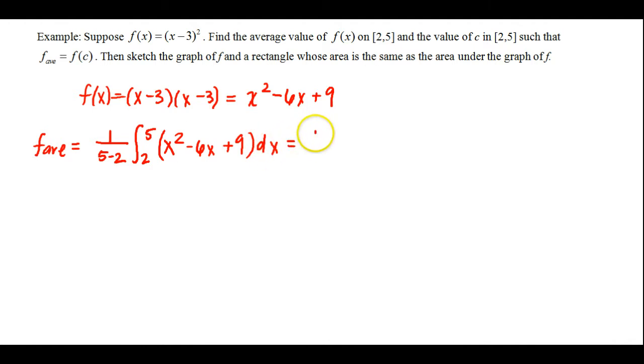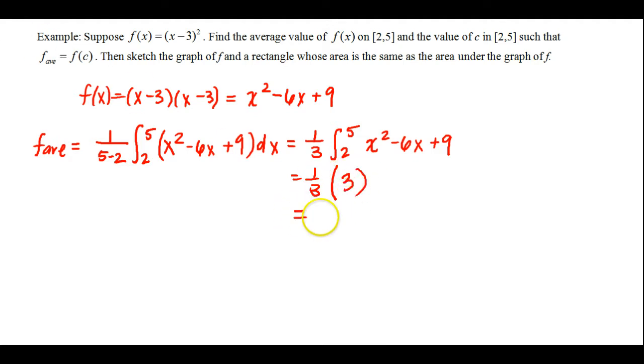So I'm going to get 1 over 3, the integral from 2 to 5 of x squared minus 6x plus 9. Now with a lot of algebra, evaluating this definite integral is going to give me 3. So 1 over 3 times 3 worked out nicely. I get 1.